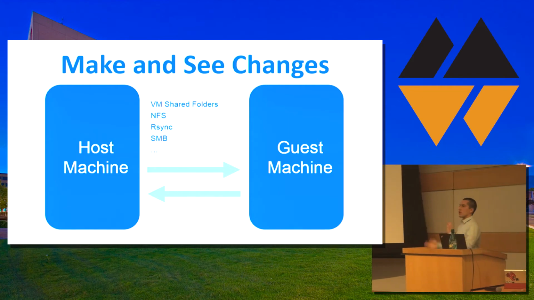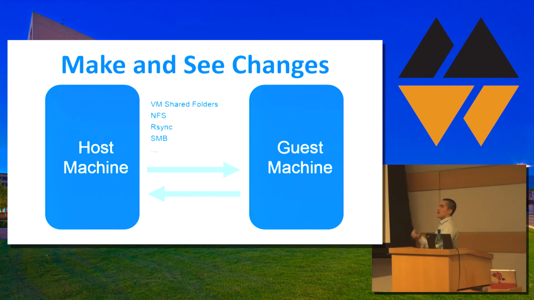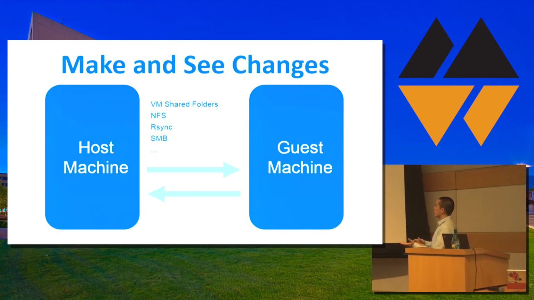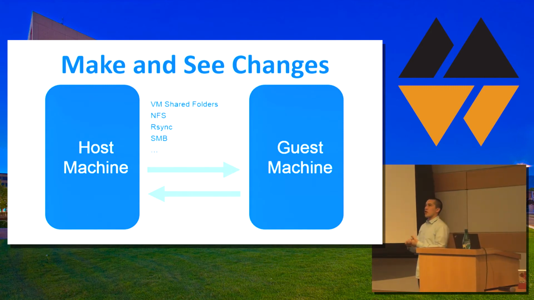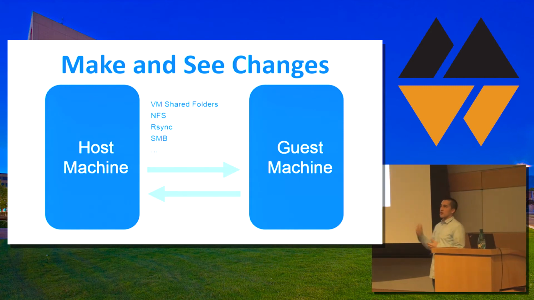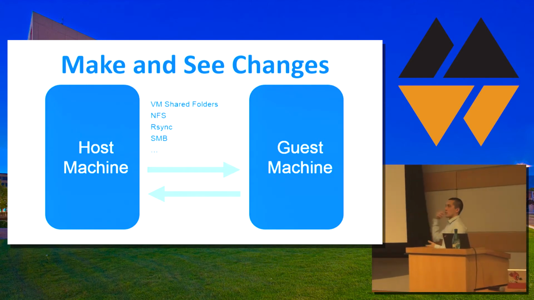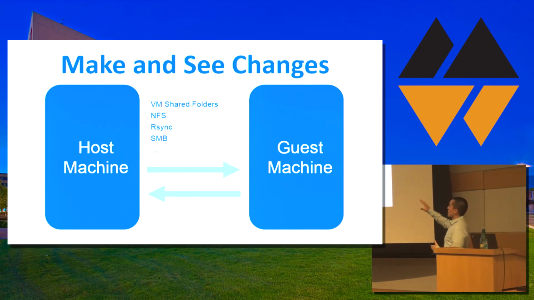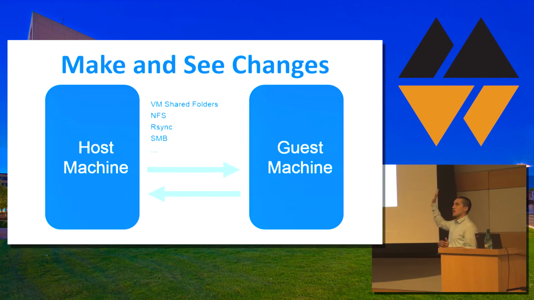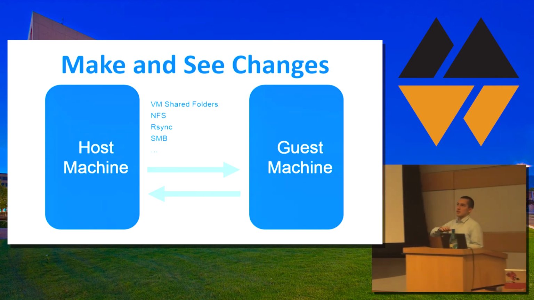So it might use VM shared folders if they're available. It uses NFS if you choose to. Then recently there's rsync, which is currently one directional, but soon will be bidirectional. And then there's SMB, which is also bidirectional. The idea, though, is that you, as a developer, really don't have to worry about how the files get there. Vagrant just provides a mechanism to make sure they do get there.